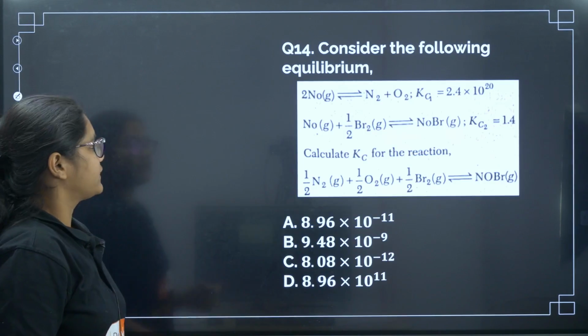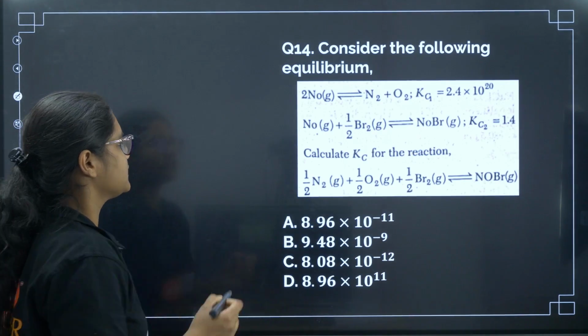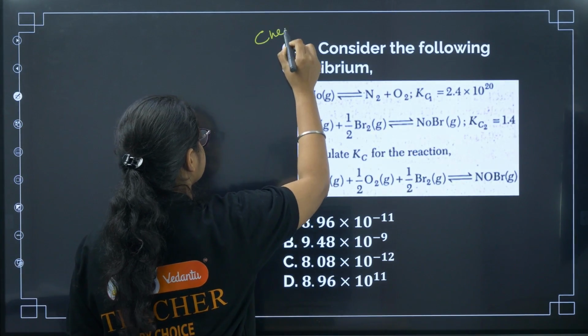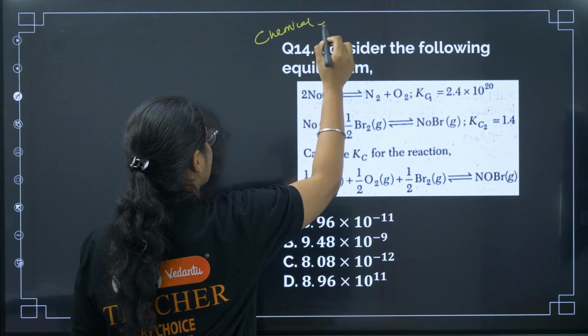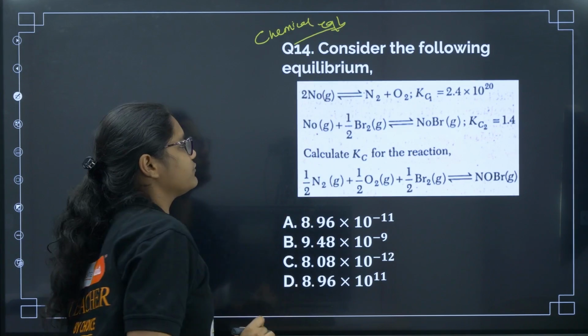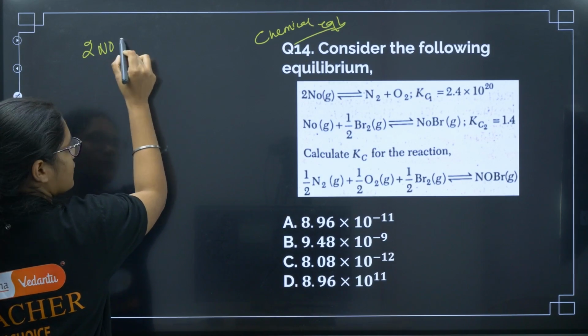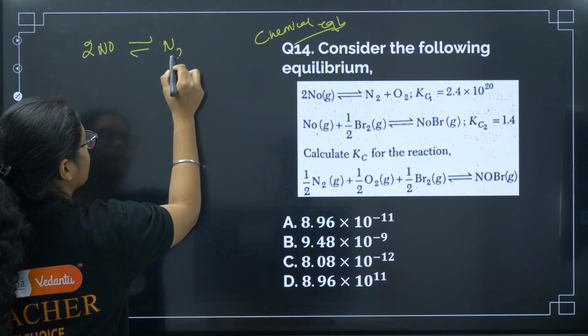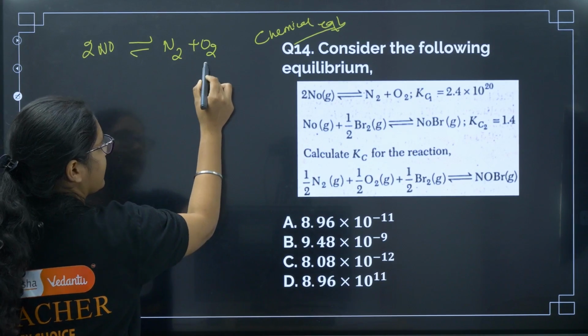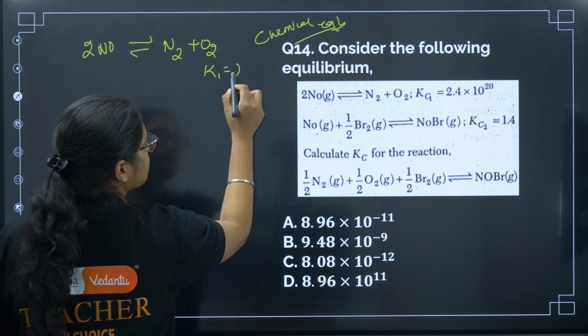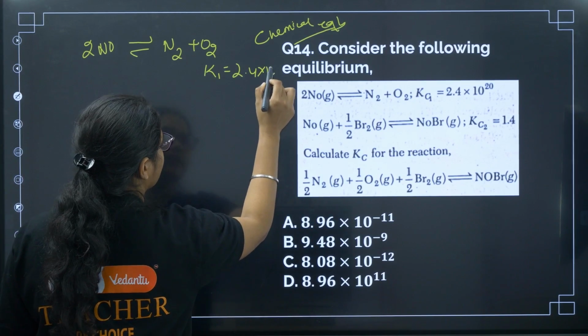Okay. Next one. This is an important question from your chemical equilibrium, and a little calculation based question is there. So first of all, one reaction is given, 2NO gives N2 plus O2. The K1 value is 2.4 into 10 to the power of 20.